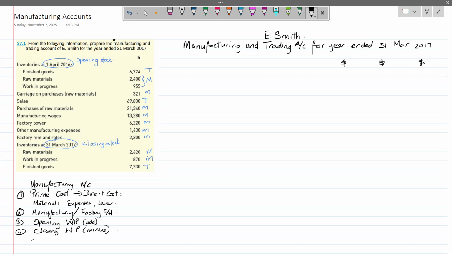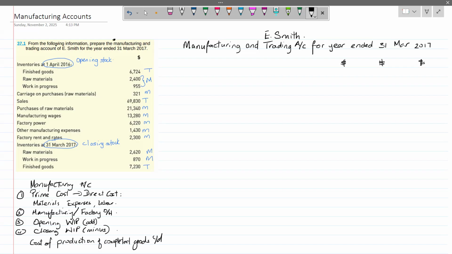All of this is going to give us our cost of production of completed goods. Usually we'll put a carry down because you bring it down into a trading account.